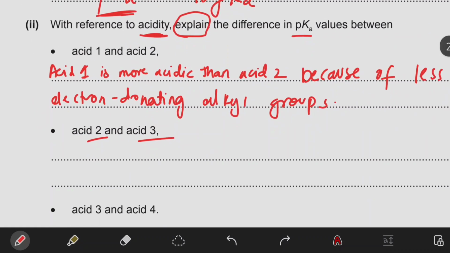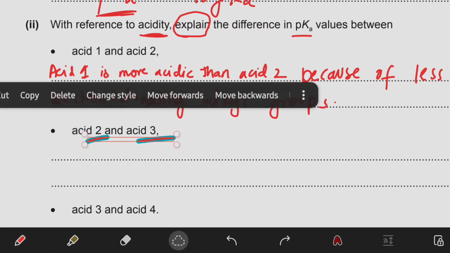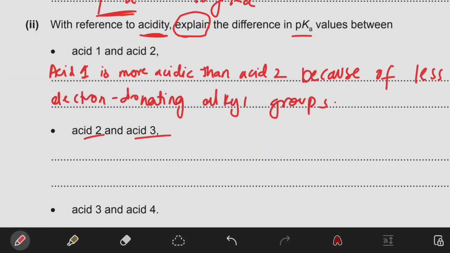I'm not writing it right now. So acid 3, and you have to give the reason.